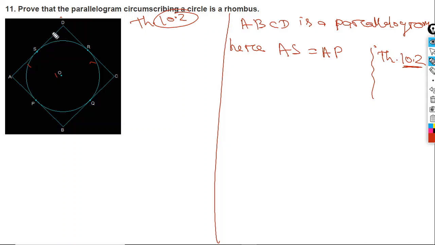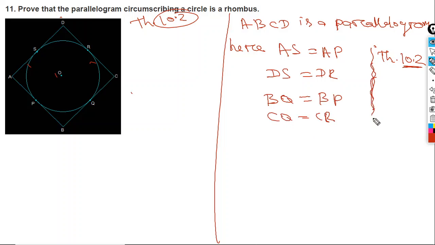Similarly we can write DS equals DR. Reason is the same for all of the cases. Similarly, here will come BQ equals BP. Here CQ equals CR.